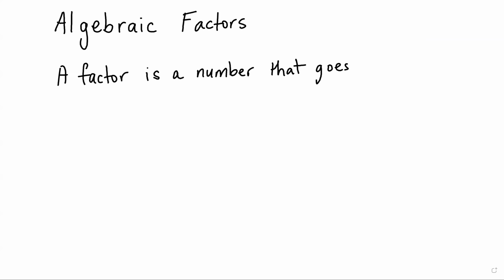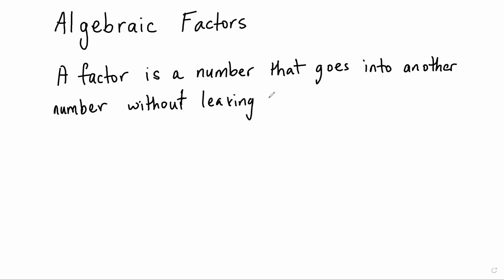So a factor is a number that goes into another number without leaving a remainder. I don't know why I choose to explain this with the most number of words, because I could have just said that it divides completely into the other number, right?